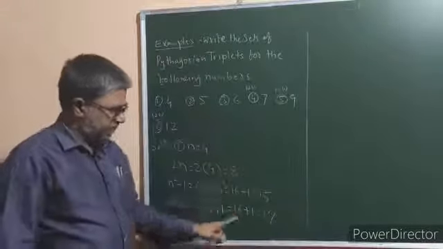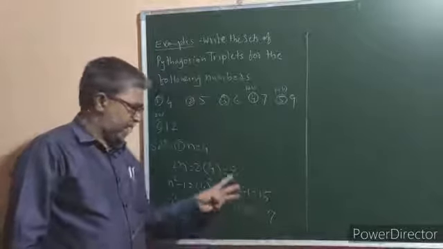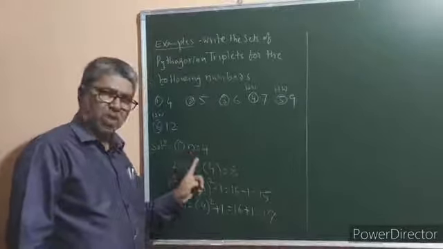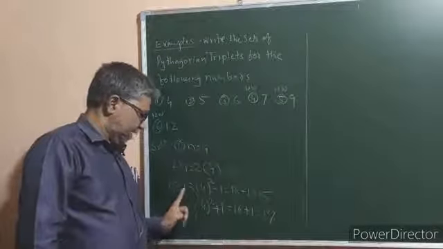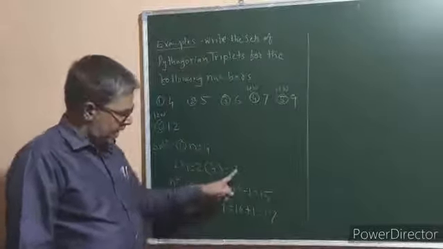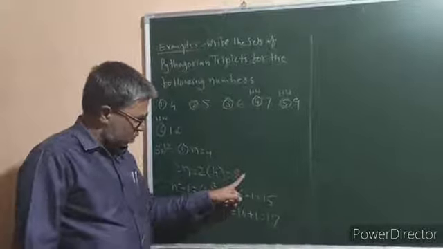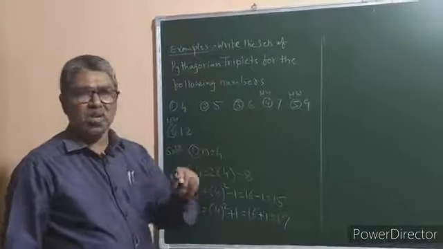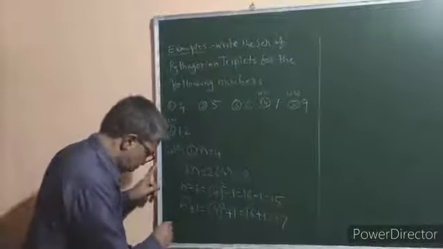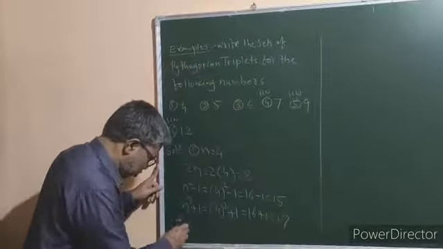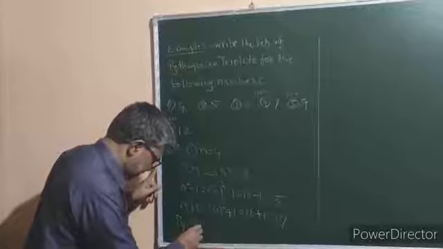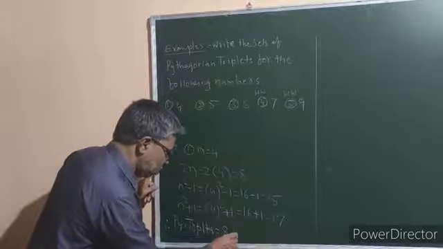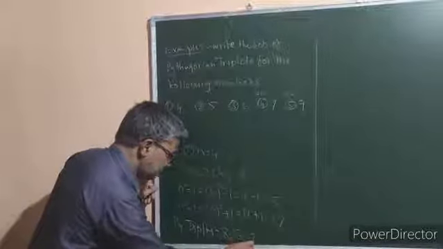So 8, 15 and 17 are the three numbers we got here by making use of 2n, n square minus 1 and n square plus 1, and this set of three numbers is called a Pythagorean triplet. Therefore, Pythagorean triplet is equal to 8, 15, 17.